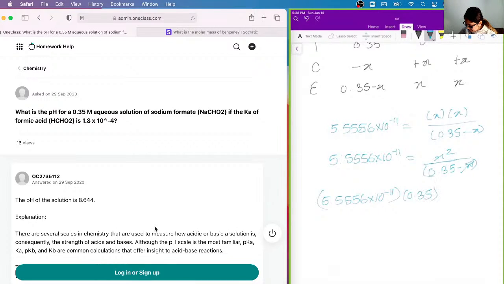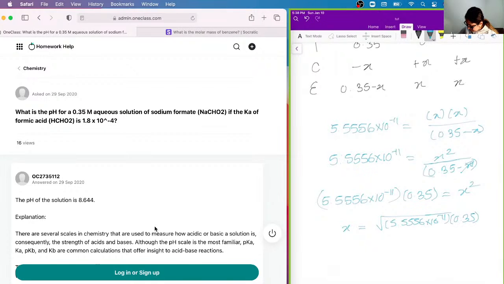We're just rearranging to solve for X. This will equal X squared, and so X is equal to the square root of 5.556 times 10 to the power negative 11 times 0.35.